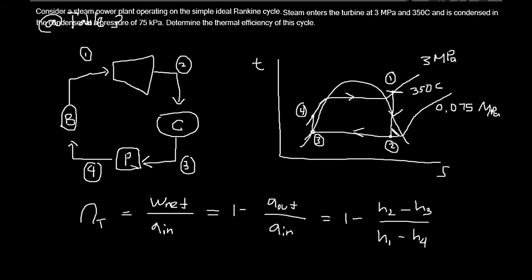We use table 3 because this is a superheated vapor. I'm using the green book, the steam tables.